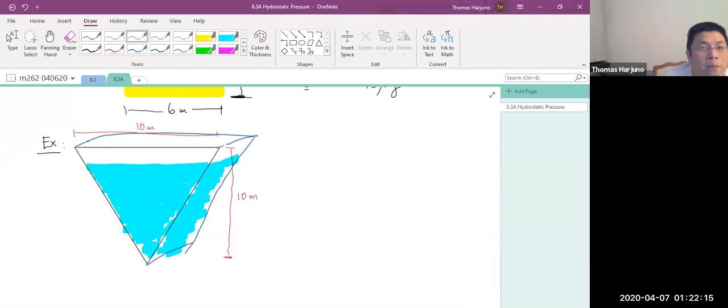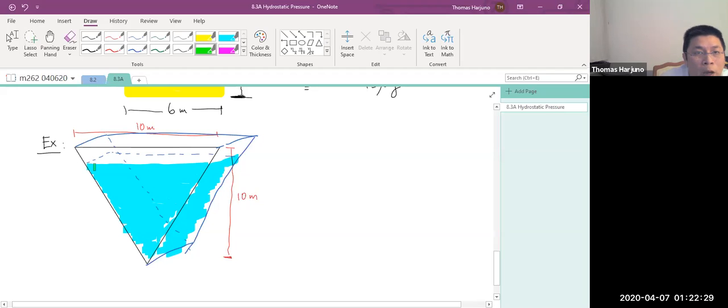And then we want to compute what is the pressure at the side of this wall, this part here. We want to find the hydrostatic force on this wall.